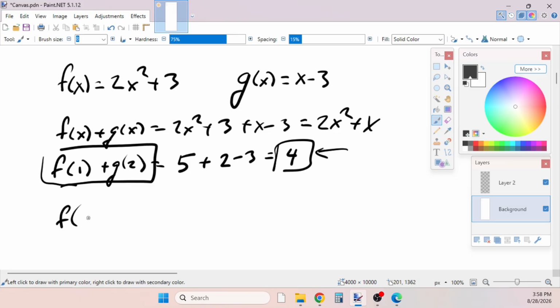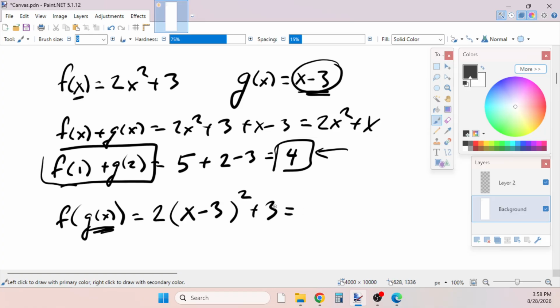I can also plug functions into each other. Everywhere I see an x in the original function f, I'm going to replace that with the equation for g. So I have 2x squared, but instead of x, I'm going to write the equation for g, the definition of g.